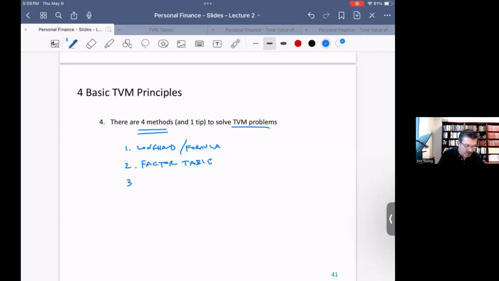The third way that you can do it is with the financial calculator. Now, there's a lot of financial calculators, and there's some classics in business school and in finance that people use all the time. If you have one, great, but you don't need one. In fact, online now has a bunch of great ones.